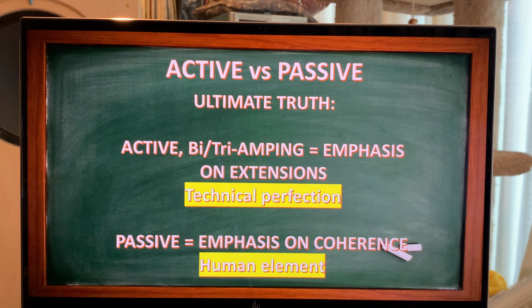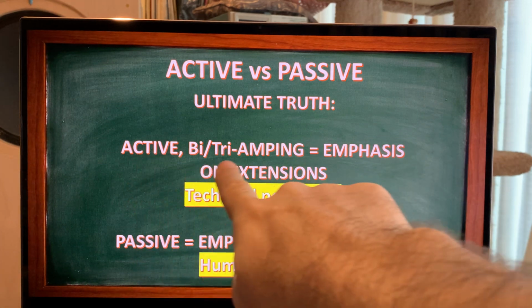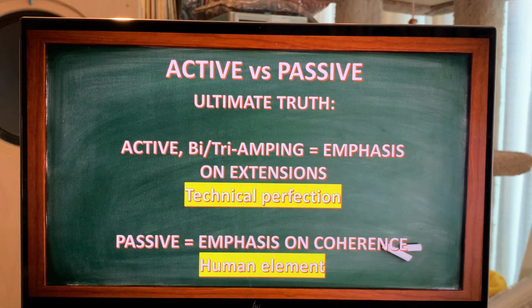Basically, when you have active bi or tri amping, it means that you are running 2 or 3 channels, or you can run even more. Maybe you have a loudspeaker that has let's say 8 channels, and then you need 8 amplifiers to do that.